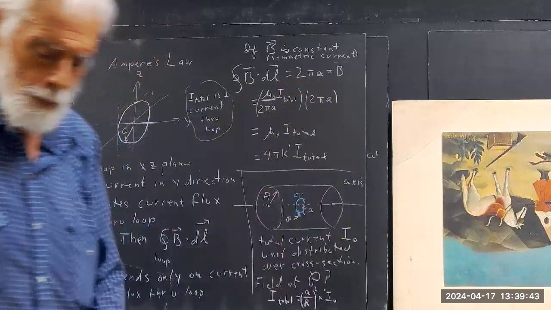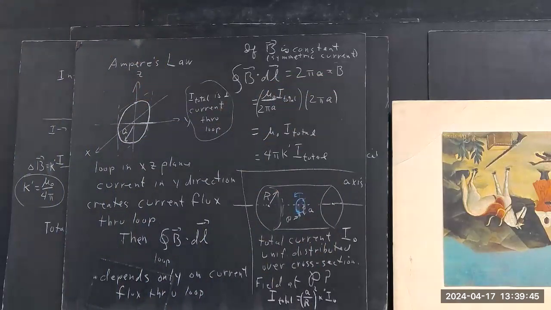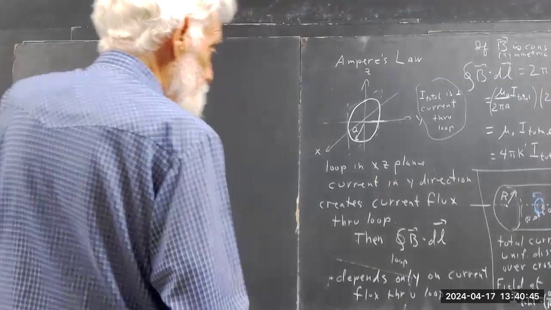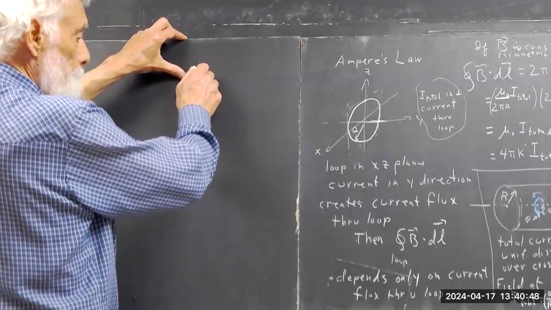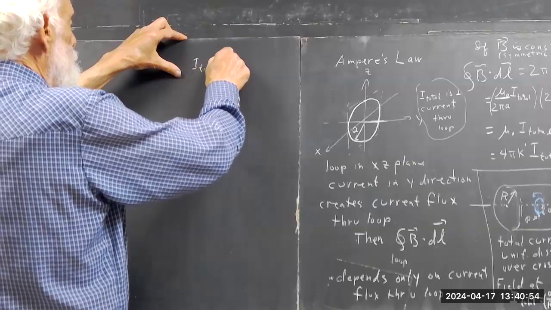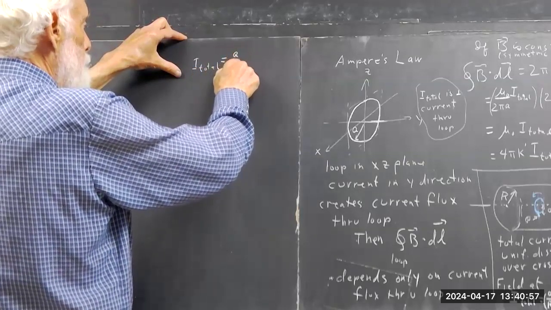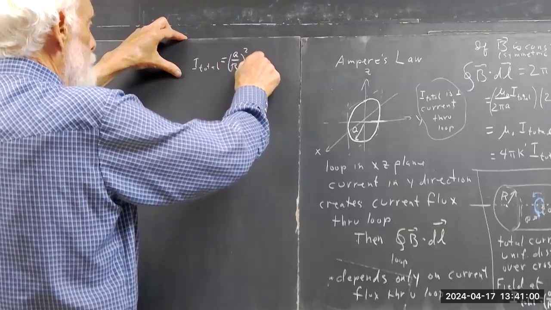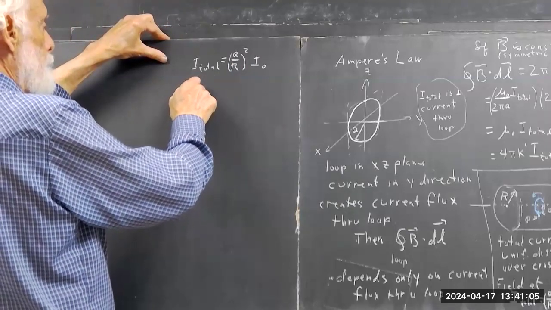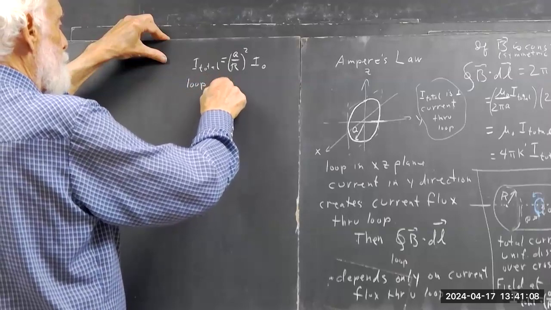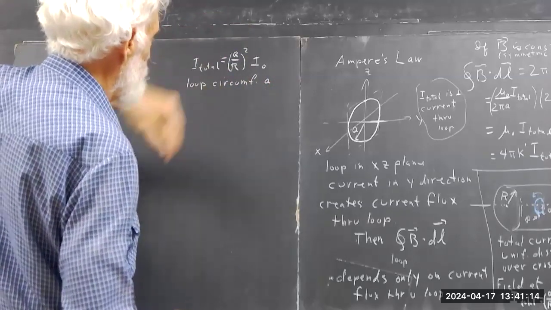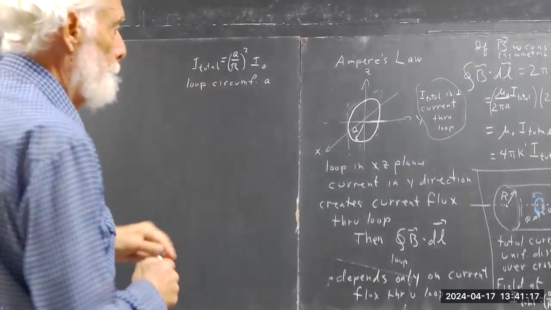So now, what's B? Okay, I got a very good answer on that one quickly. First of all, I total is this. The loop circumference is 2 pi a.